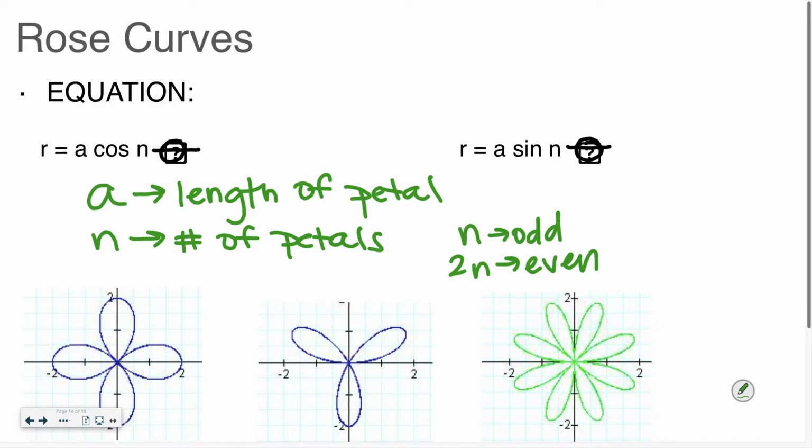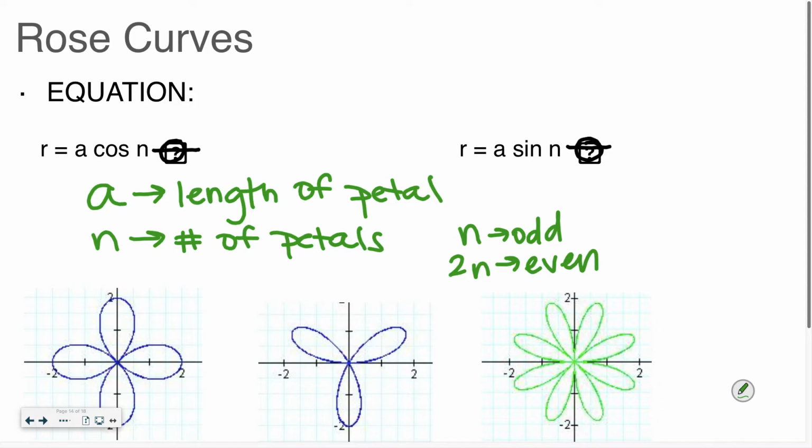What we're going to do is go through the graphs of these on some polar paper. I have a worksheet for you to practice some more conversion and then some graphing. Which one is cosine or sine? The first one's cosine, the other two are sine.